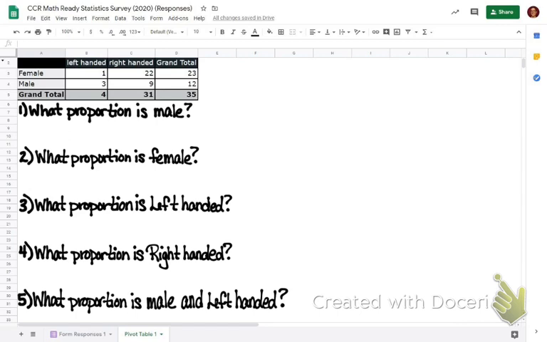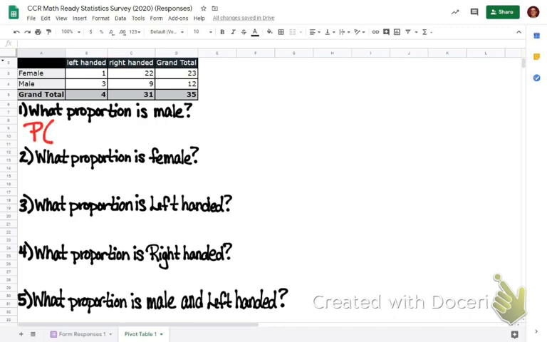So the first 2 questions that I'm going to ask and answer, what proportion is male, what proportion is female, these actually were shown in our circle graphs, our pie charts, because we're just looking at one variable. But I want to make sure that I know how to read this table. So when I'm asking what proportion is male, I'm saying what proportion out of all the people that took this survey are male.